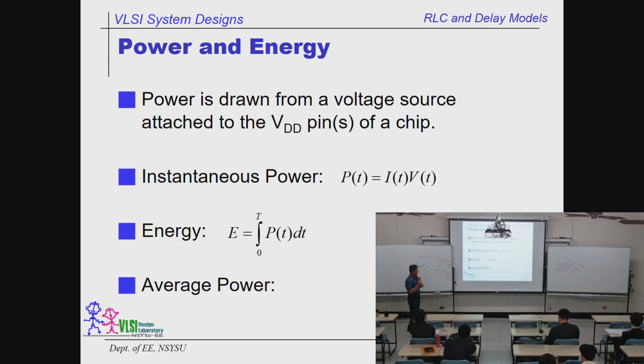And the average power is the energy over a time span. Energy E over T is the integration of power over time, then divided by T, big T. Is that clear? So this is the definition of energy and power.